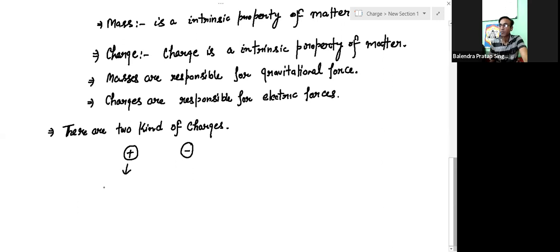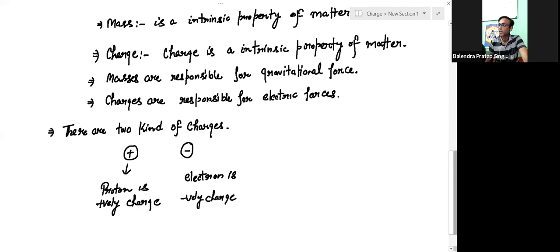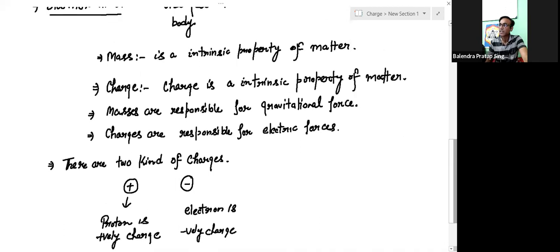So we can say that proton has positive charge, or proton is positively charged, and electron is negatively charged.